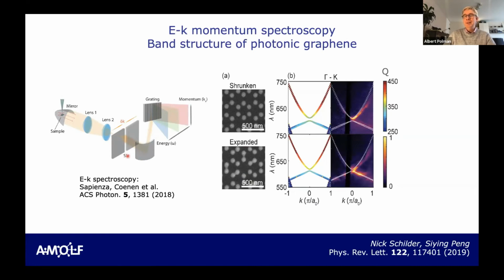And angle means spatial frequency, wave vector inside the material. Right? And so now we can make a map, that's the map you see here, of intensity of light coming out as a function of wavelength and as a function of angle or wave vector in the material. And this is a theory, and these are the measurements. So we can now actually directly probe the photonic band structure of this photonic graphene.